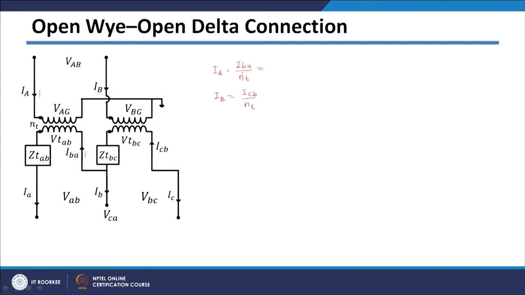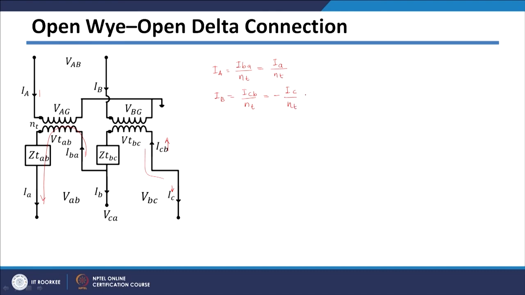However, this IBA is the same current which is coming and going here. So IBA and IA have the same direction as well as the same magnitude. So IBA can be replaced by IA, so it will be IA divided by NT, and ICB has the opposite direction as compared to your IC. IC is in this direction, ICB is in this direction. So I can say it will be minus IC divided by NT.